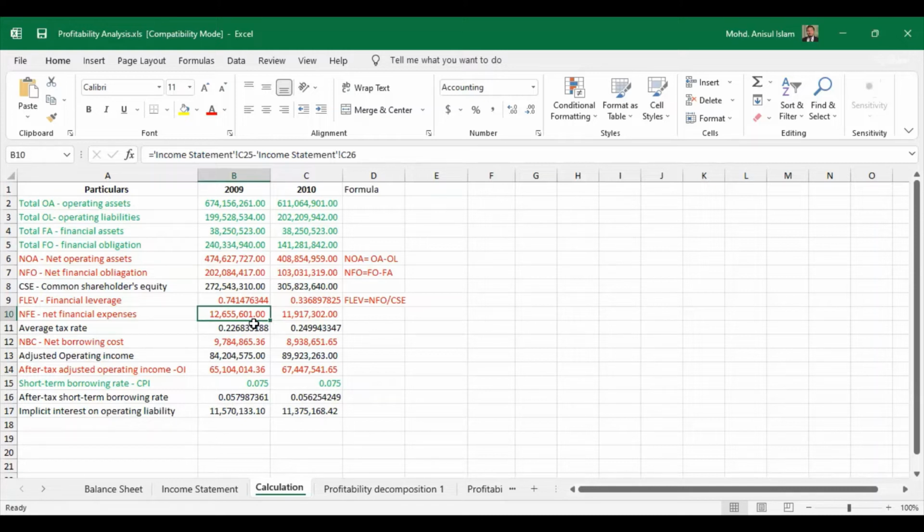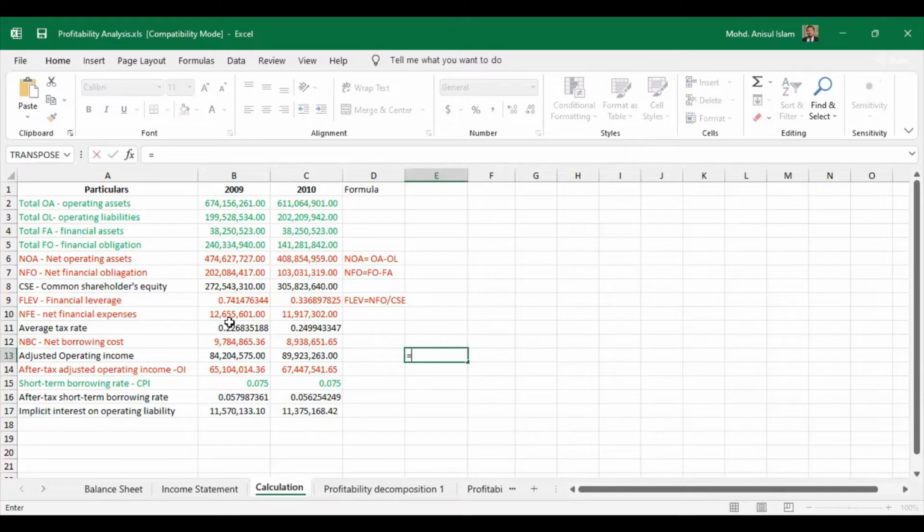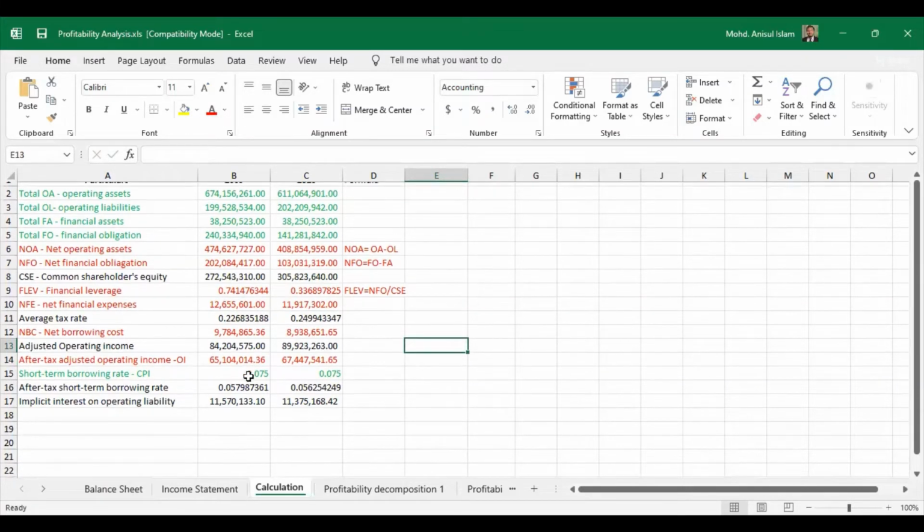So to recognize that tax advantage, we need to get the after-tax net financial expenses. That's why we have taken the net financial expenses and subtracted the tax benefit using the average tax rate, and here it is. So it is the net borrowing cost, after consideration of taxes. Okay, next one.